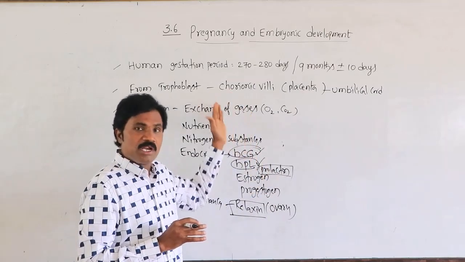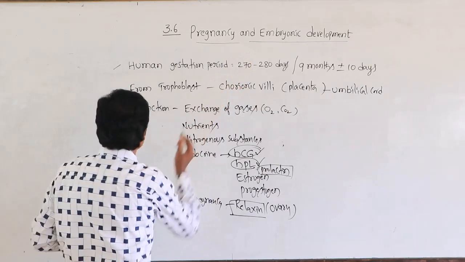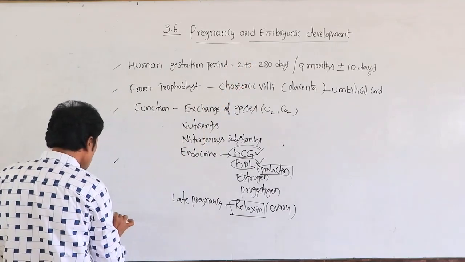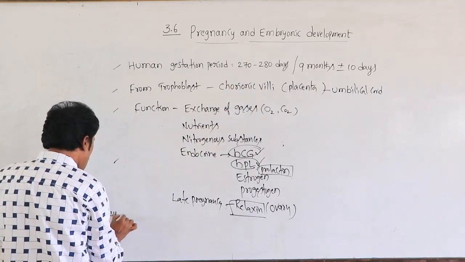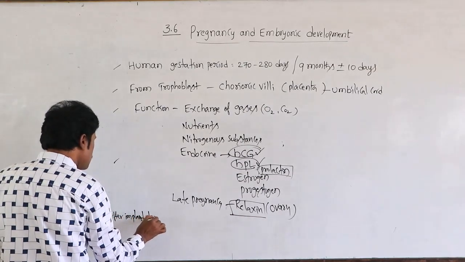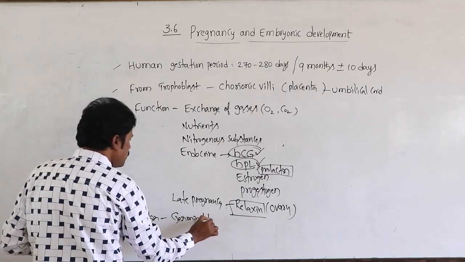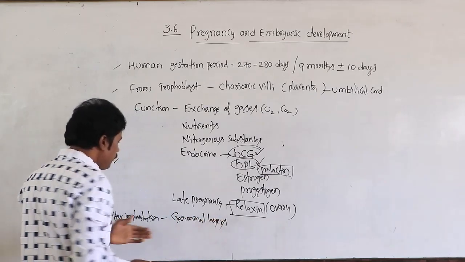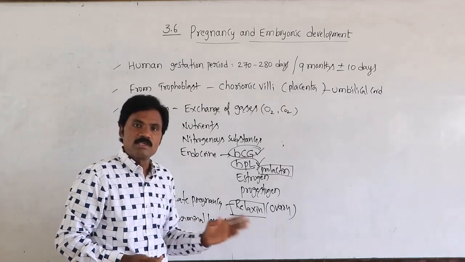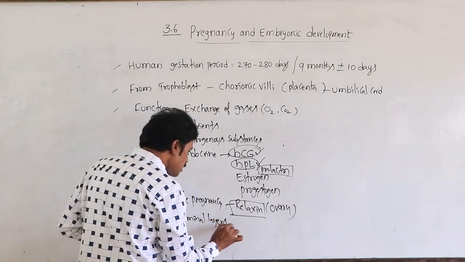As well as, immediately after implantation, germinal layers are formed. What is the name of the germinal layers? Three germinal layers are formed. What are the names of the three germinal layers?